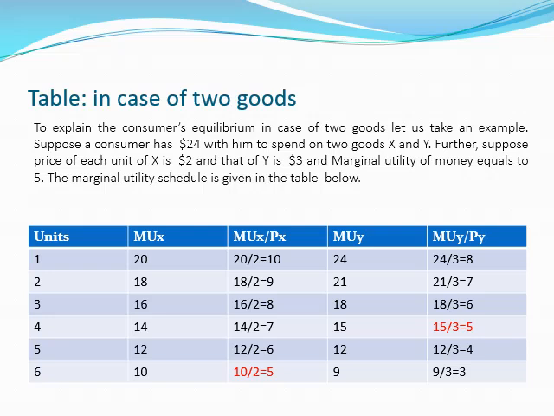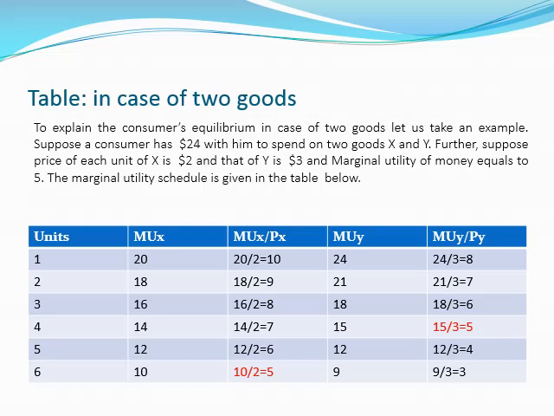Check the row. In the fourth row, 15 over 3 equals 5, and 10 over 2 equals 5 in the 6th row. The 6th row means 6 units, and the 4th row means 4 units of the commodity.